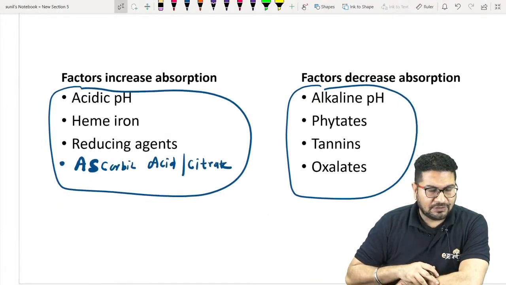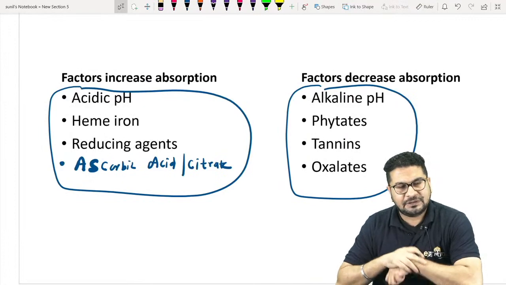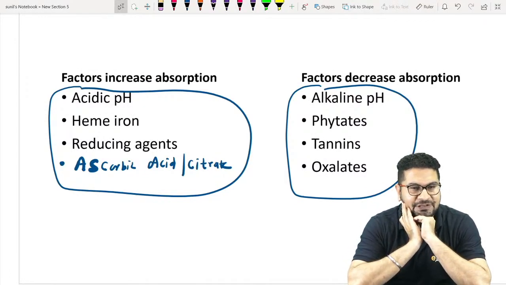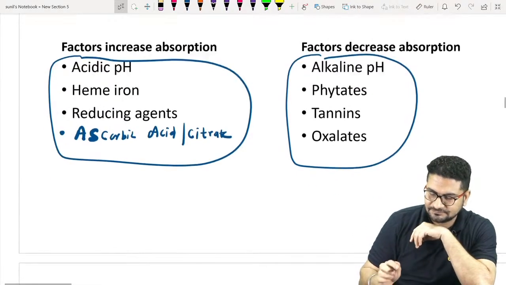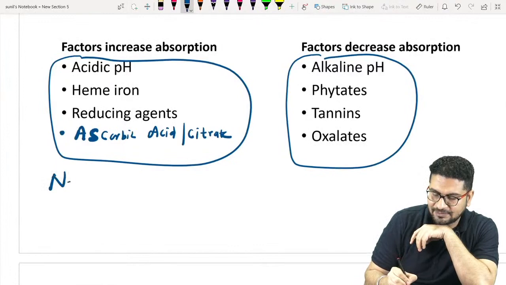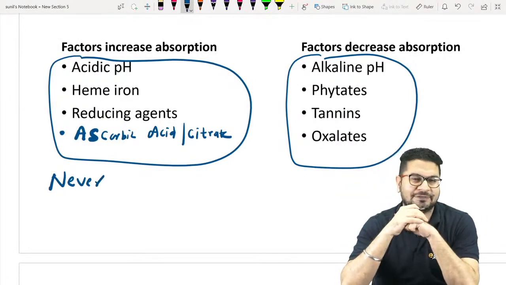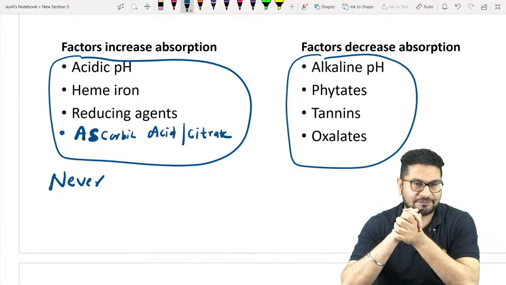There is a common question that a patient will ask you when you are practicing in India: if you are giving an iron tablet, should I take this tablet with milk or with water? Remember, nowhere in Harrison is it written that you should take this tablet with milk. Always we should take the tablet with water.